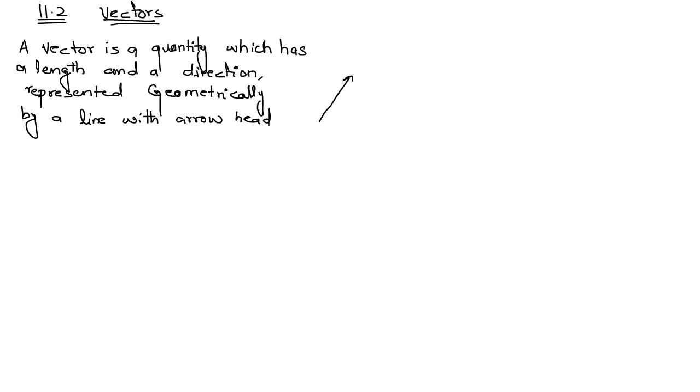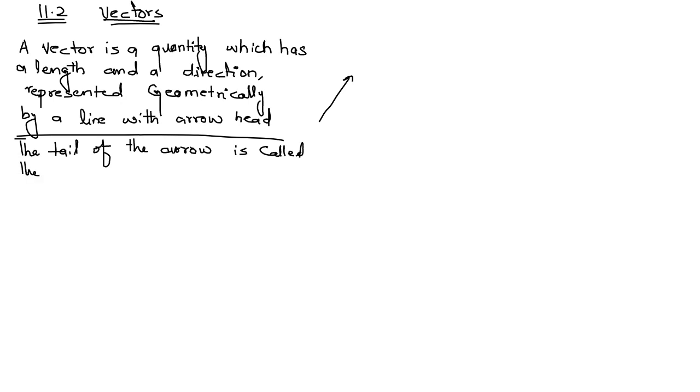Now they also say the tail of the arrow is called the initial point. What is meant by tail? This point is the initial point.